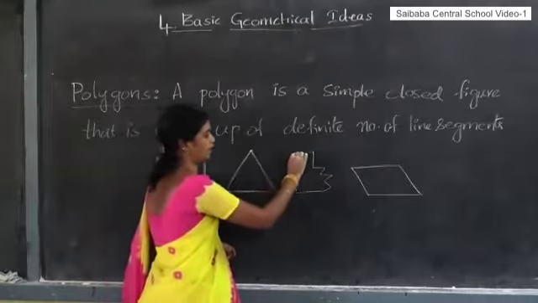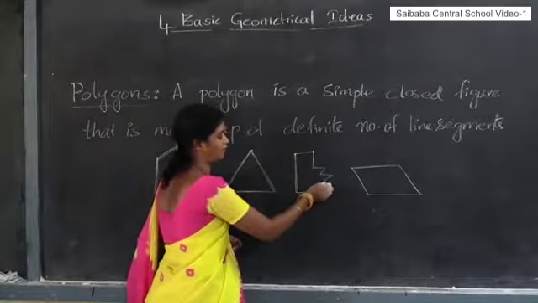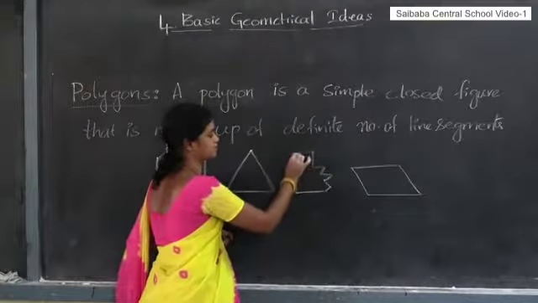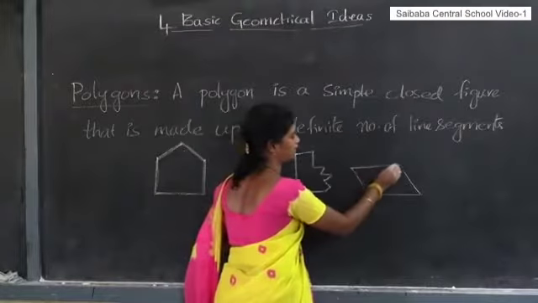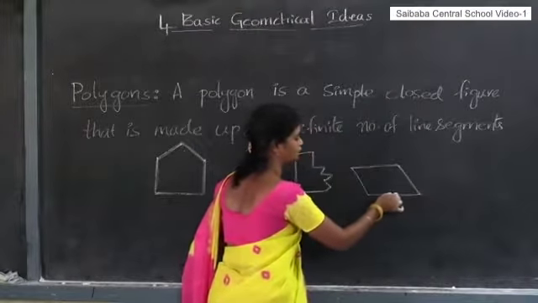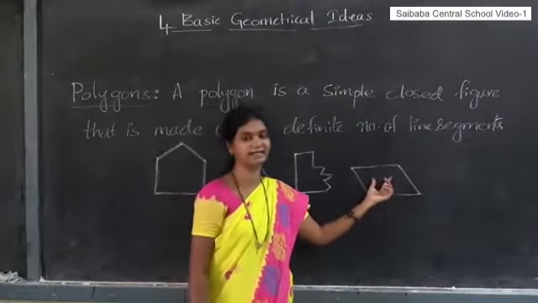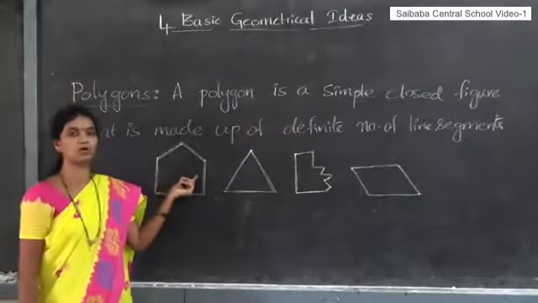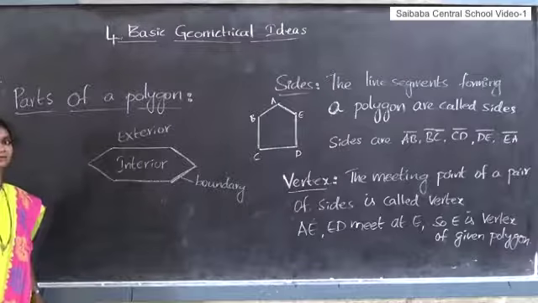This is also a polygon because all the sides are formed with line segments only. And here is a polygon formed with 4 line segments. This is called a quadrilateral. So simply, a polygon means a closed figure formed with line segments.